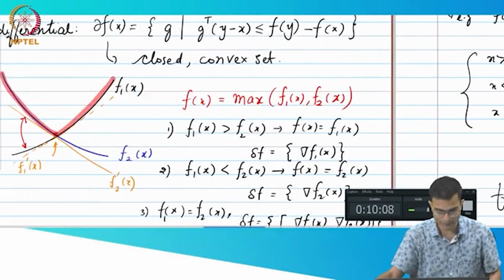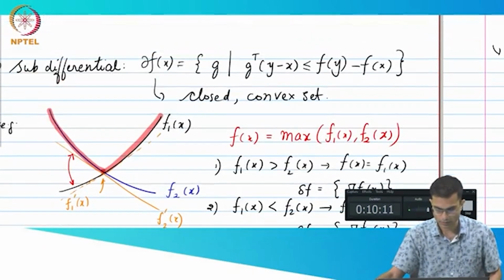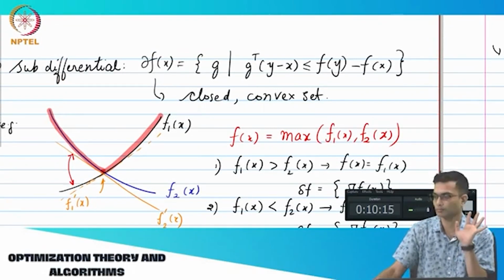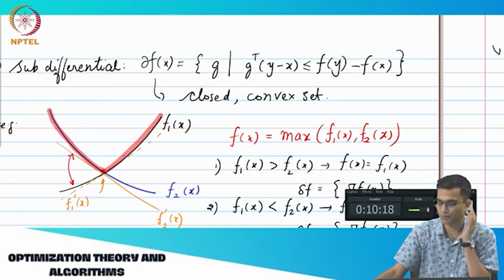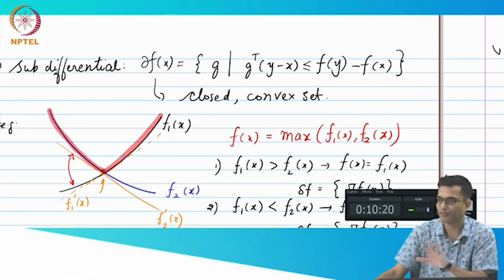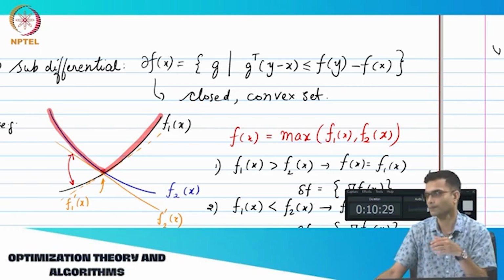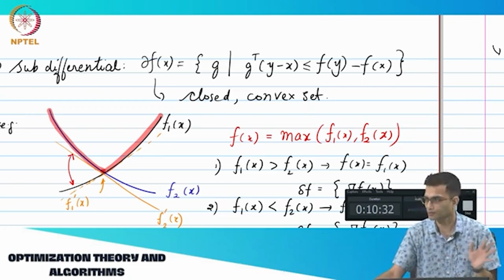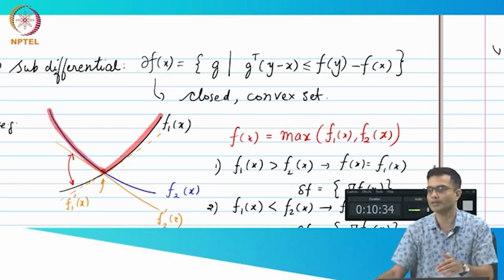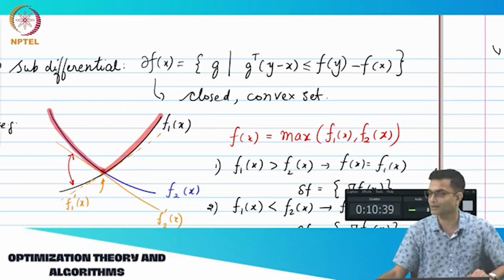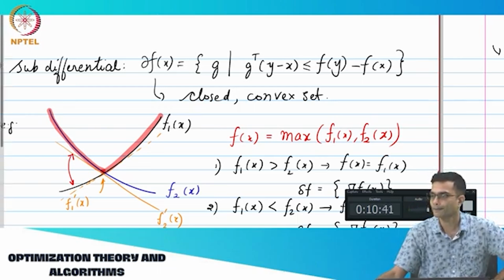This definition should hold true. You can substitute your value of gradient and verify that this is happening. For example, you can take alpha 1 grad f1 plus alpha 2 grad f2, substitute into this, and come up with some relations on alpha 1, alpha 2. That's the way to do it. You should always go by the definition. The definition is a supporting hyperplane, so make sure that your candidate G satisfies that.